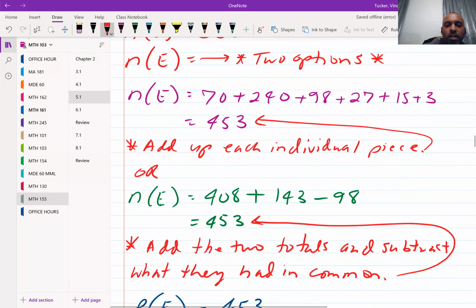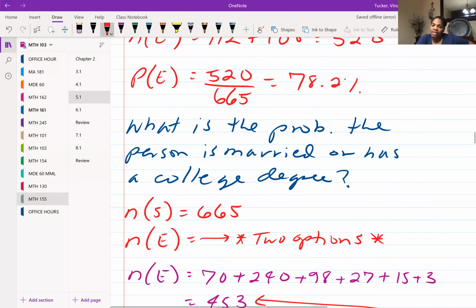So the sample space is still equal to 665. Yeah, because we're in the same problem. We haven't changed problems, so we're still using the same chart. So our bottom number is still 665.